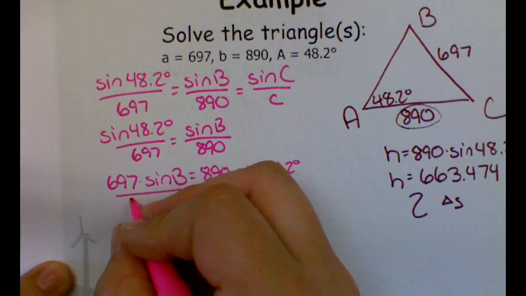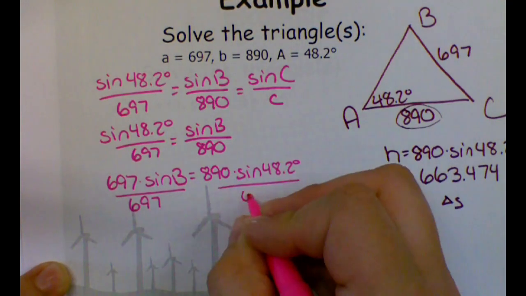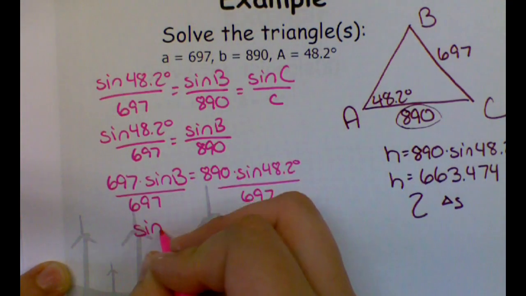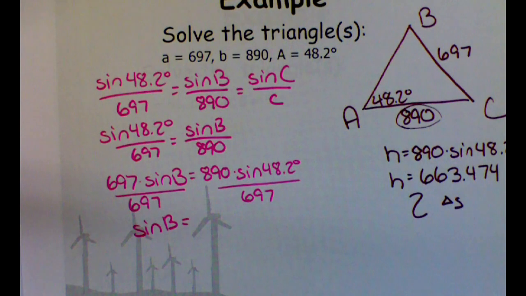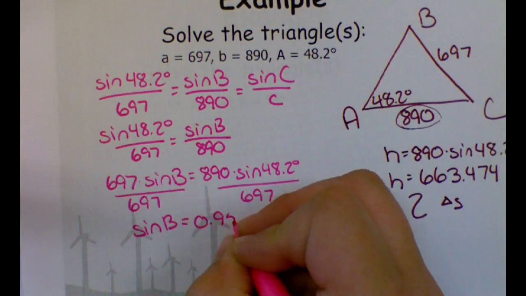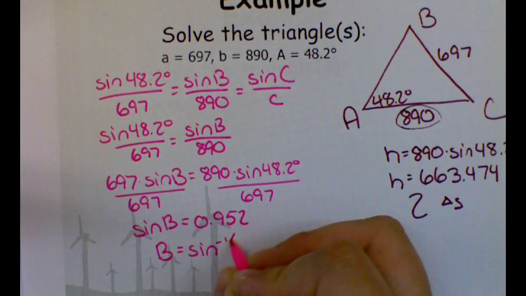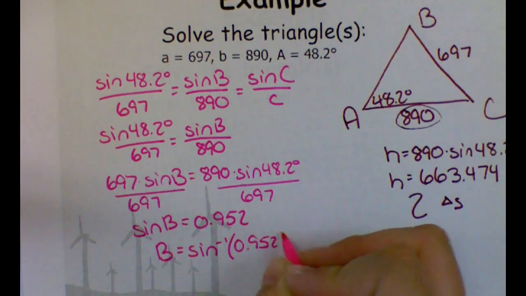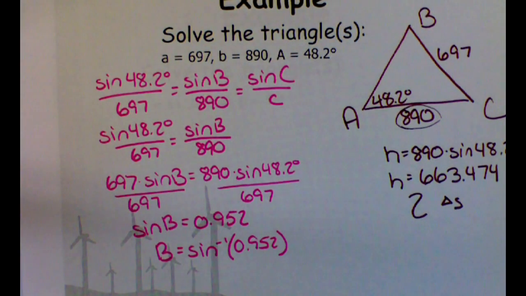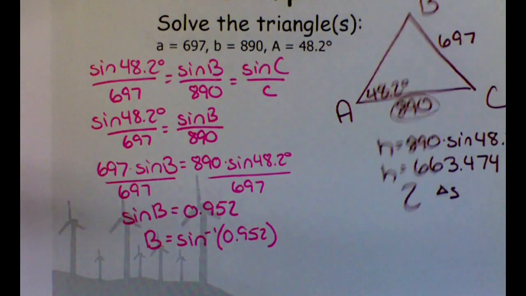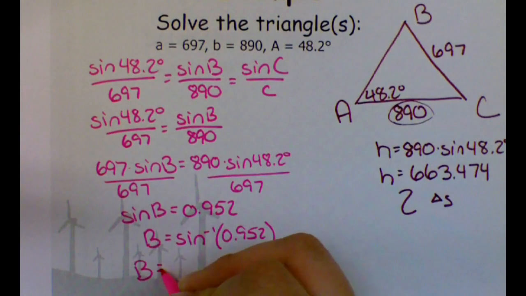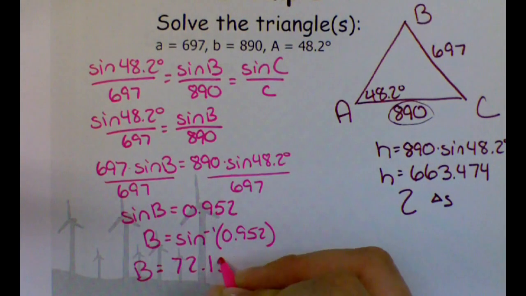And then divide by 697. So the sine of angle B is about 0.952. To get angle B, we take the sine inverse of that. So in our first triangle, angle B is 72.157 degrees.